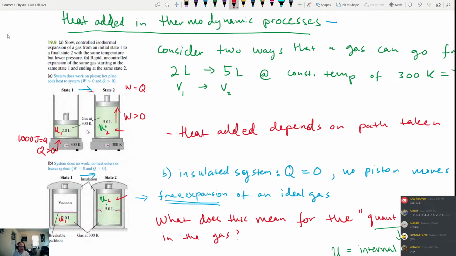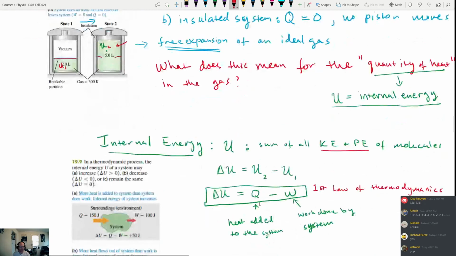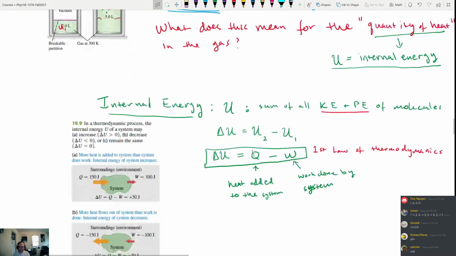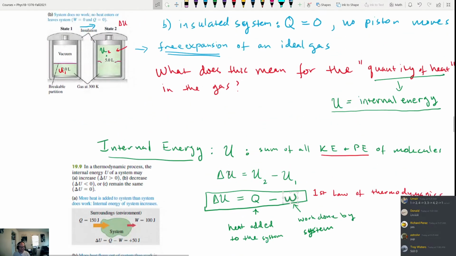And if that's the case, then I think that U1 and U2 would be related to each other. And in the second case, work is equal to 0 and Q is equal to 0. So if we look at our equation, delta U is Q minus W, right? So if Q is 0 and W is 0, then what does delta U have to be? If this is 0 and this is 0, then delta U has to be 0, right?